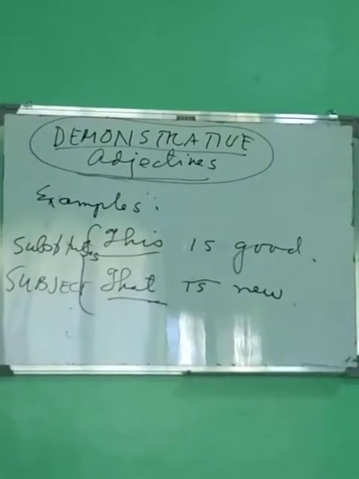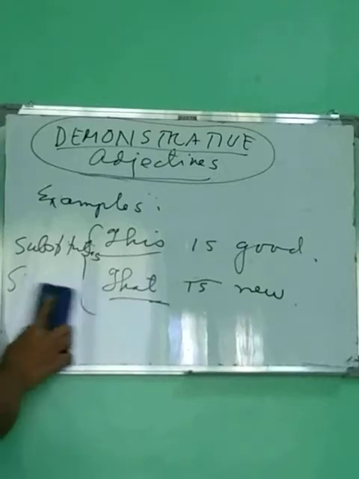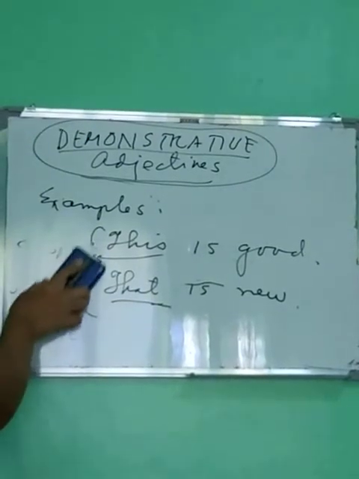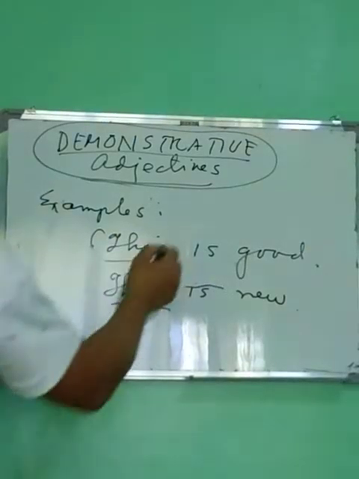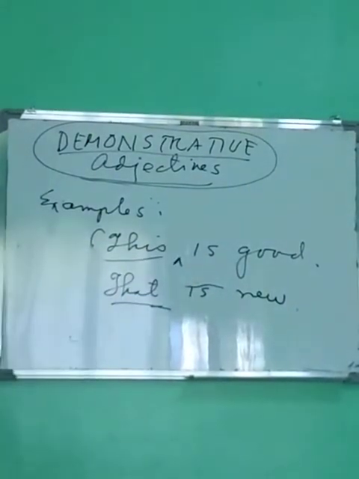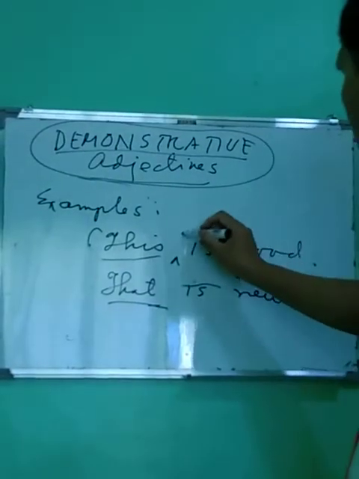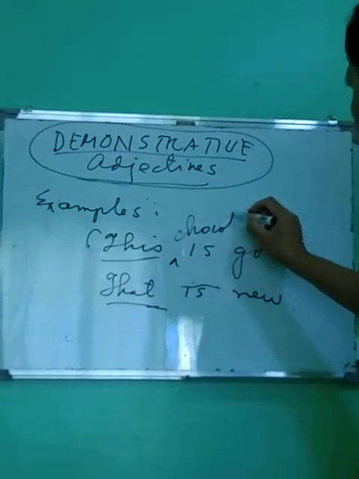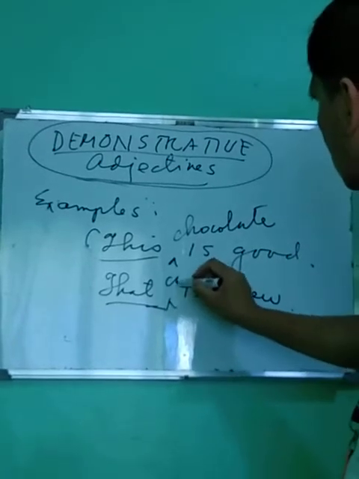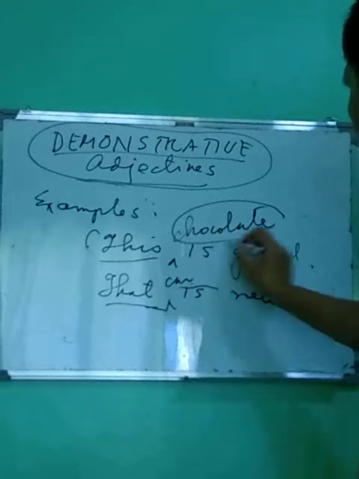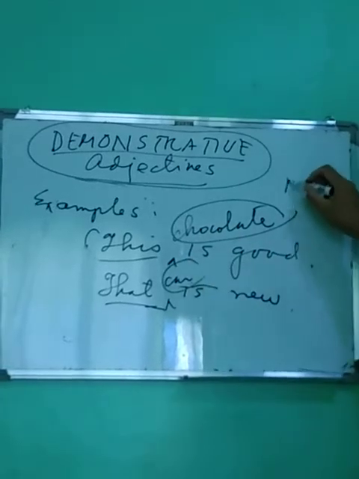Diba? But now, if you put a noun after this or that, say for instance, this report or this chocolate is good, or this car is new. Now, this or that is now followed by a noun.